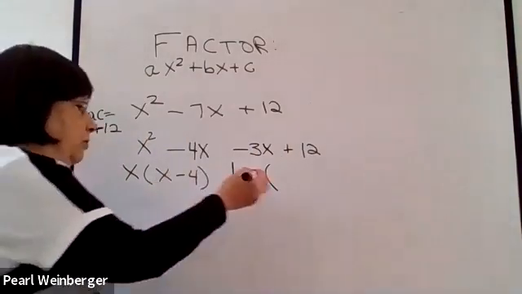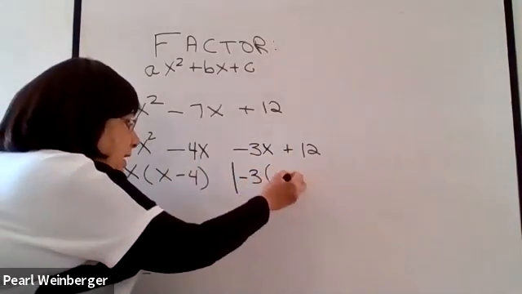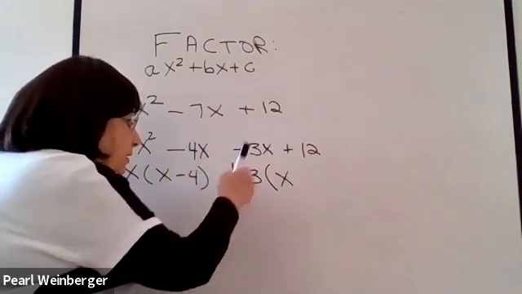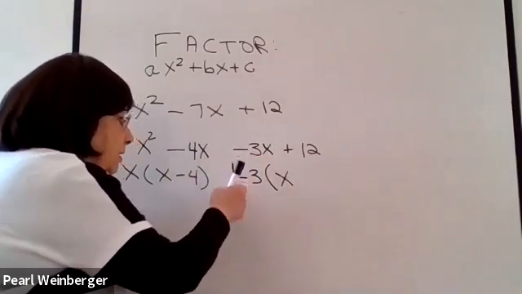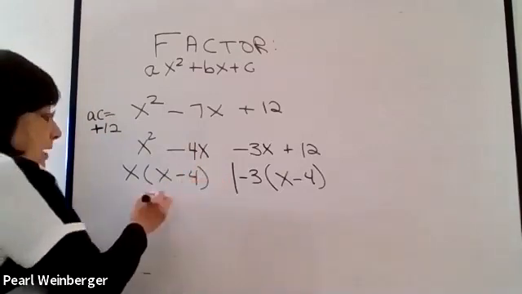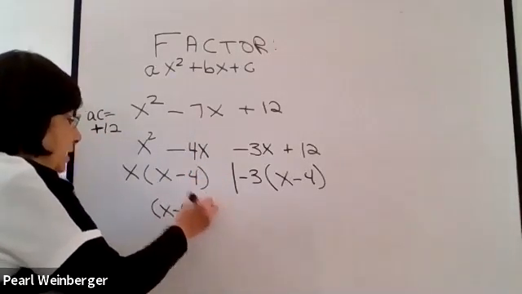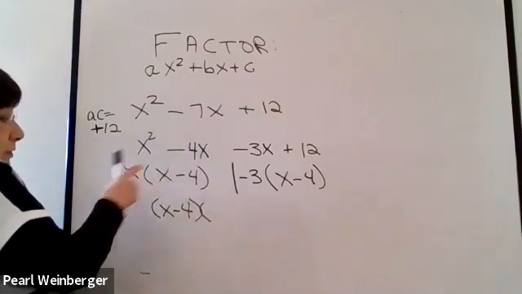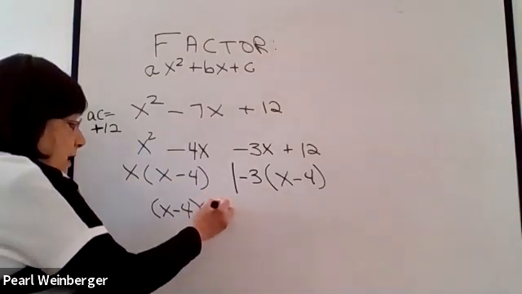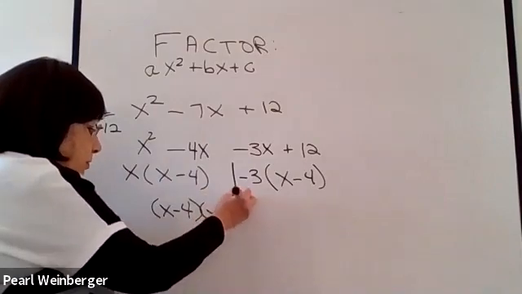And therefore, this will give me, again, negative 3 times x minus 4. And now I just take my common factor of x minus 4, put it at the front, and what goes in the second parenthesis is everything that's on the outside, x minus 3.